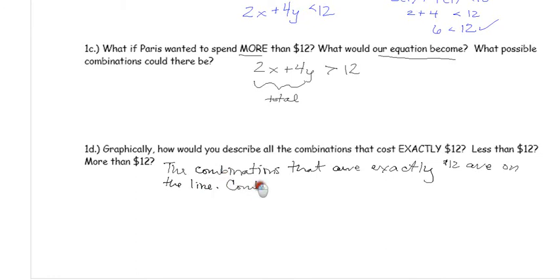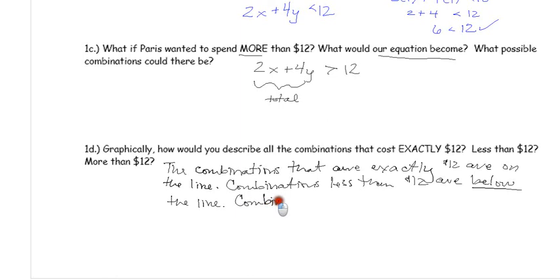Combinations less than $12 are below the line. And combinations more than $12 are above the line.